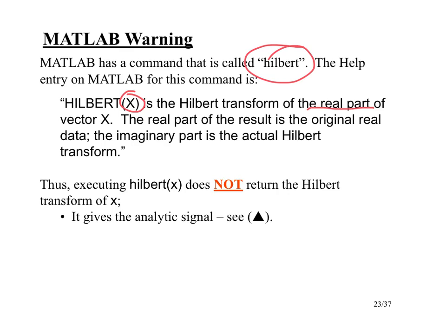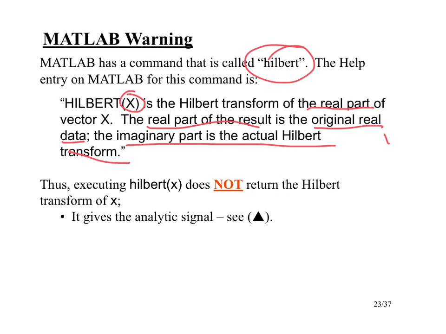If you see what that help entry from MATLAB is, it says the real part of the result is the original real data. The imaginary part is the actual Hilbert transform of the real data that went in. So if we look back at how we defined our analytic signal, the analytic signal is the original signal in the real part plus j times the Hilbert transform.